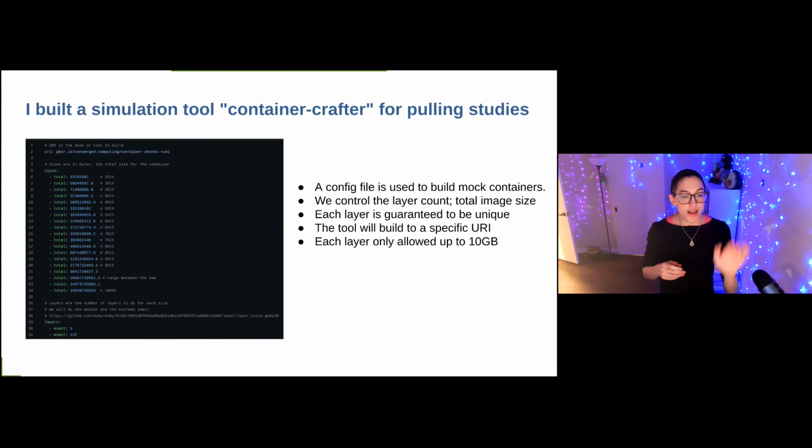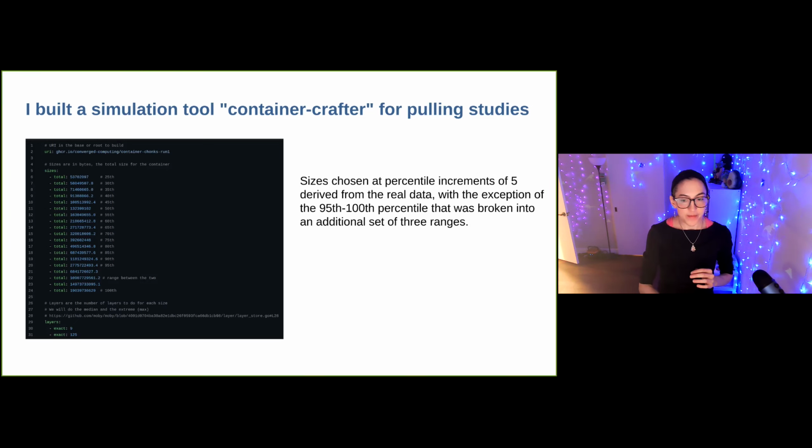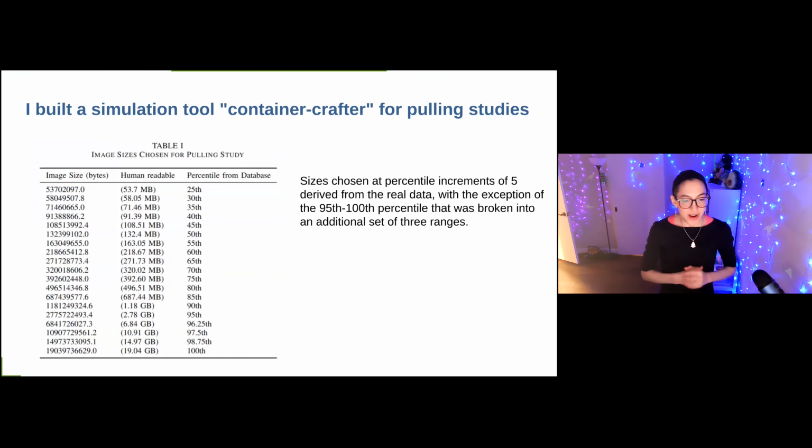And I want to note that the values that I selected here come directly from the Dockerfile database. So these are actually percentiles from the images that are representative of what people have been doing, except for the last three in the range where I added more because they get much larger. Specifically, I believe that goes up to 19 gigabytes. So yes, here we go. What I just said, but here's the entire human readable table of all of the sizes and the percentiles that I used.